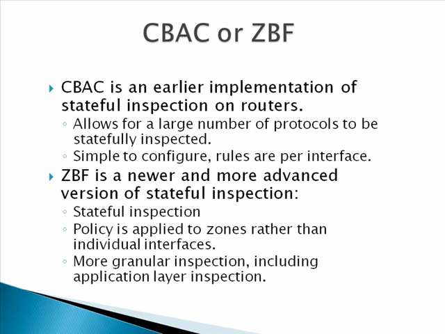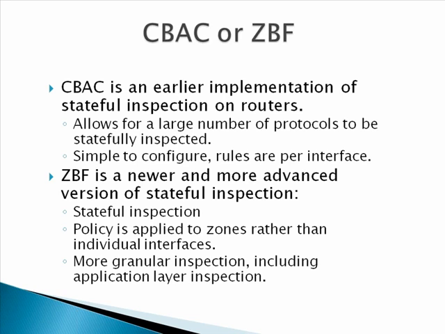So CBAC is super simple to configure. We're going to do it as part of the lab that I show you later on at the end of the presentation. The rules are applied per interface. Say that you have only one inside interface, you can apply them inbound on that interface, or say you have 50 inside interfaces and only one outside interface.